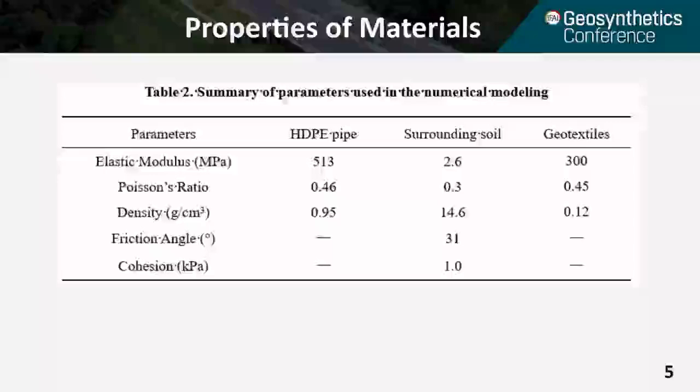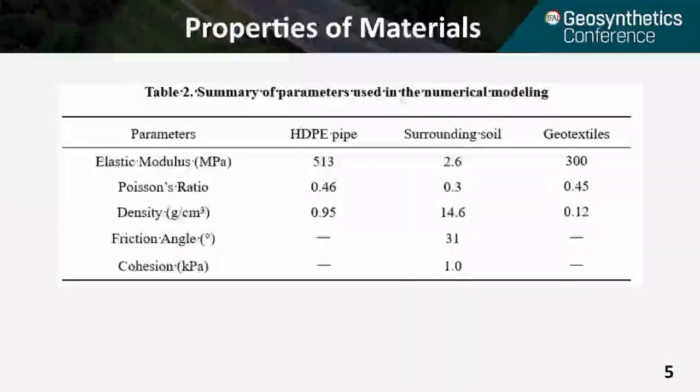In this slide, you will see the summary of the parameters or properties of the pipe, soils, and geotextiles. For the pipe, we have a modulus, Poisson's ratio, and density. Those are the typical values for an HDPE pipe. For the surrounding soil, we just use sand, because in the lab physical modeling test we used sand.